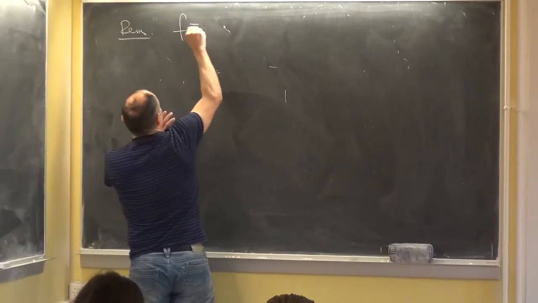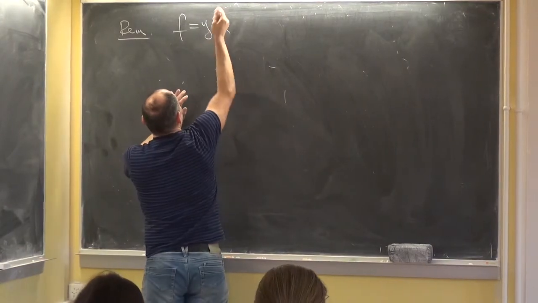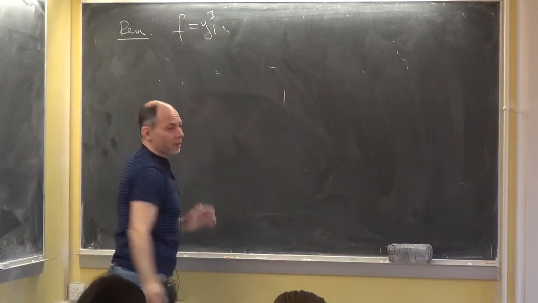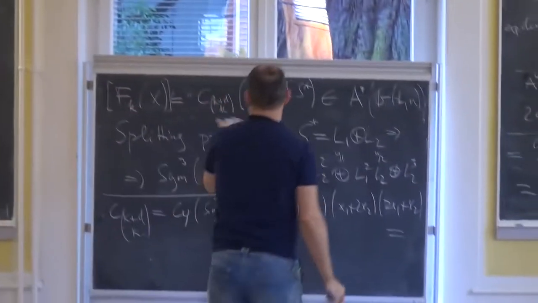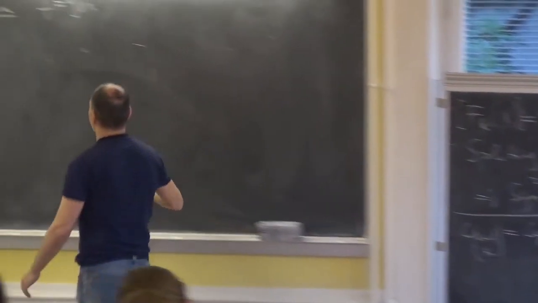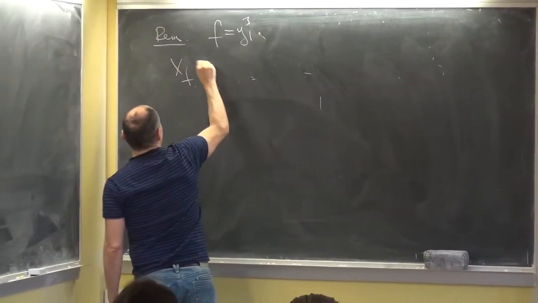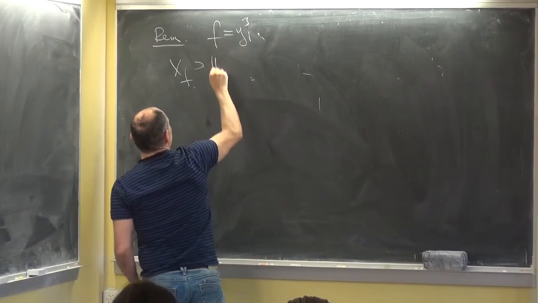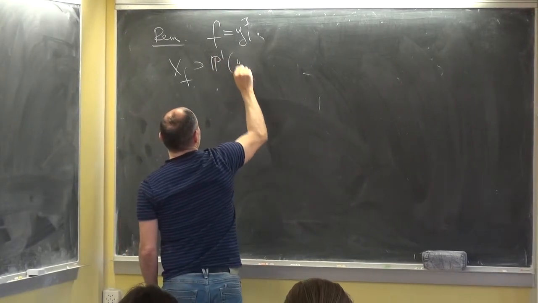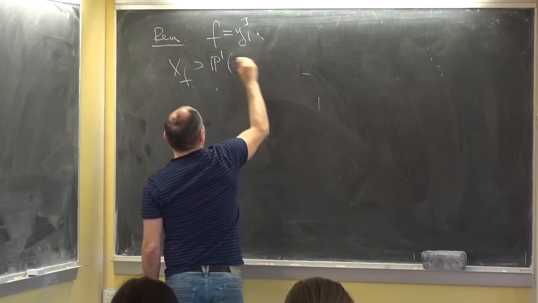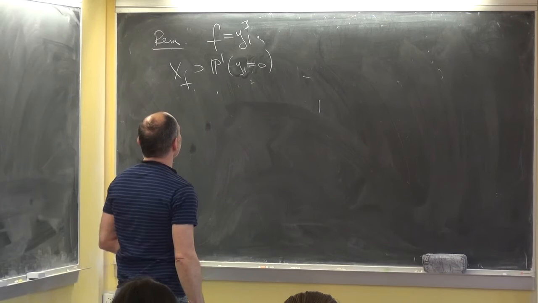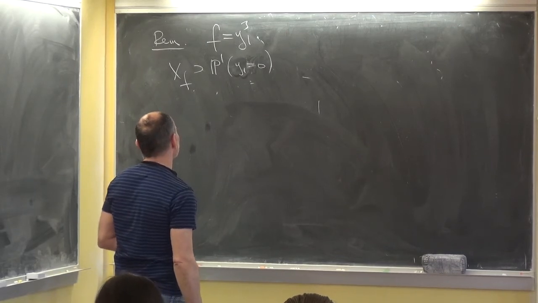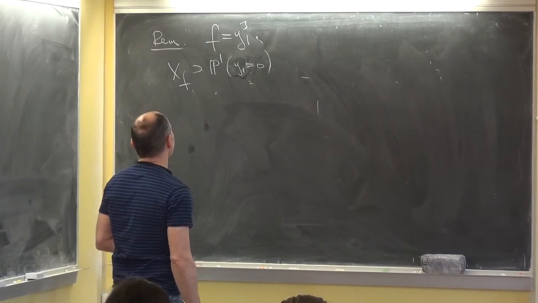For example, if I just take f equals, say, y1 cubed, this is a cubic, but clearly the set of lines that are in X_f will contain P1 of some sort, right? P1 where, say, y1 equals 0, or something like that. Or maybe it's a P2 maybe even.